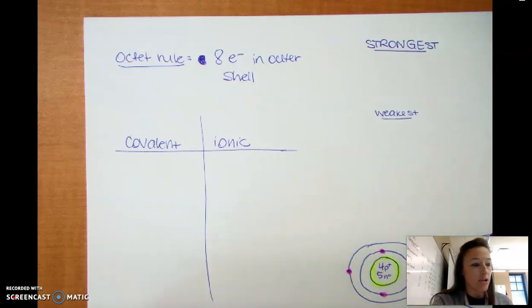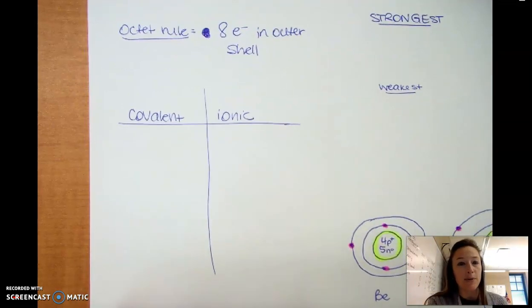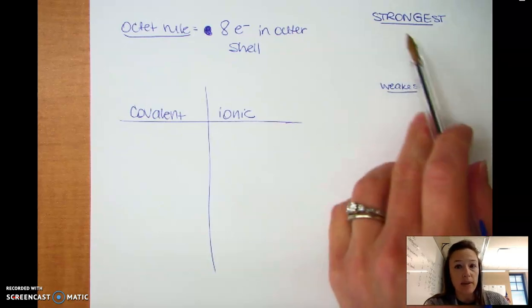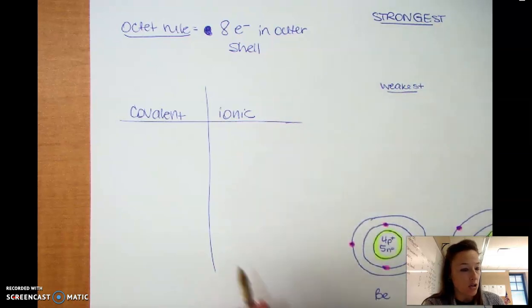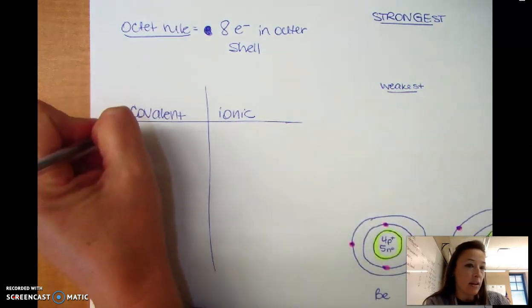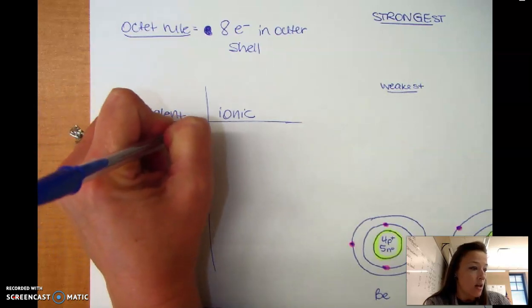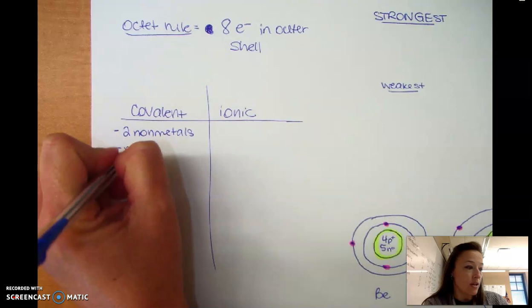All right, so there's a bunch of different types of bonds, but there are two main ones that we talk about in AP Bio, and that is covalent and ionic. We also talk a lot about hydrogen. We'll talk about that up here, but for right now, we're just looking at these two. A couple of things about covalent. Covalent is going to be two nonmetals coming together, and when they come together, we tend to call them a molecule.